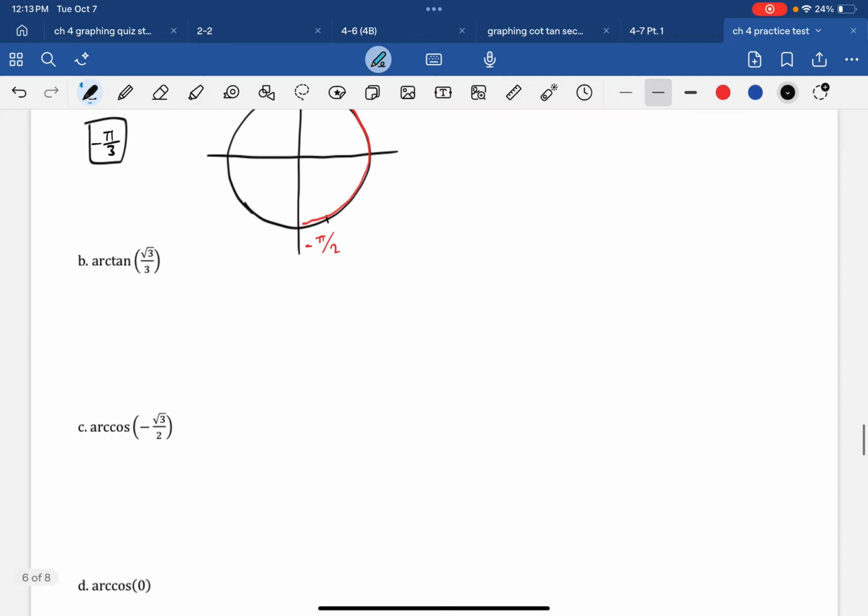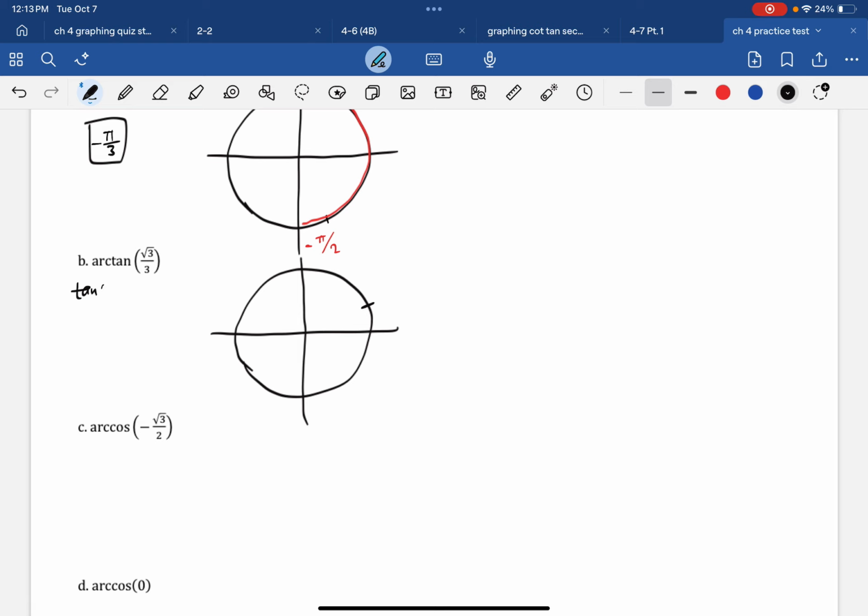Next, we have arctangent of root 3 over 3. So using some of the techniques we used before, we know that root 3 over 3 for tangent corresponds to this point. I'll write it out.